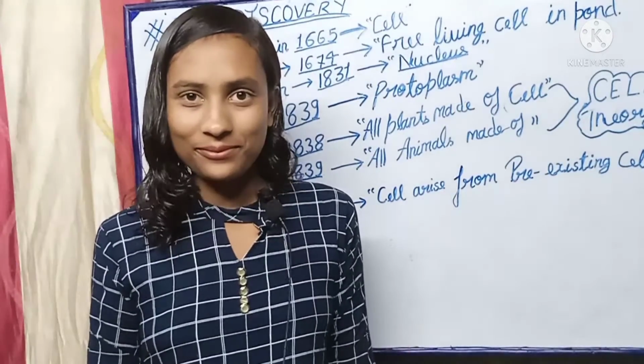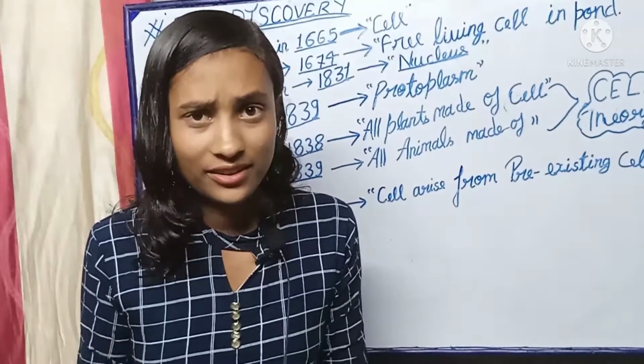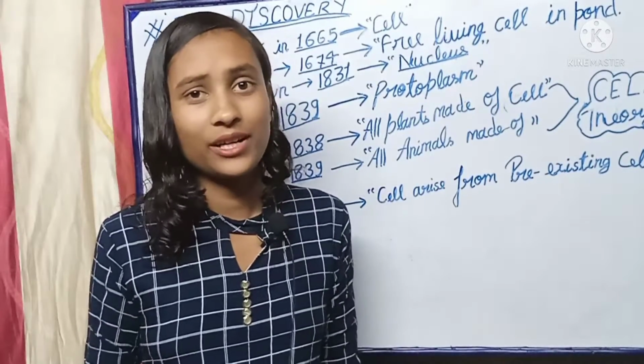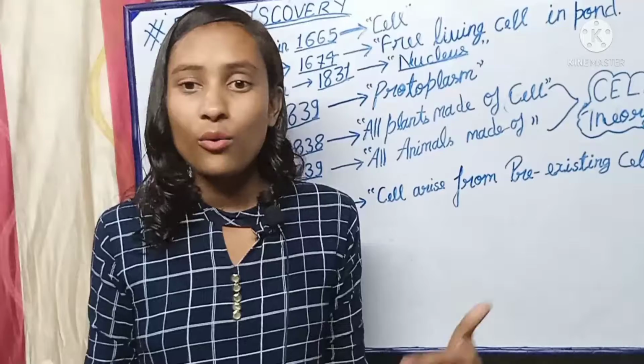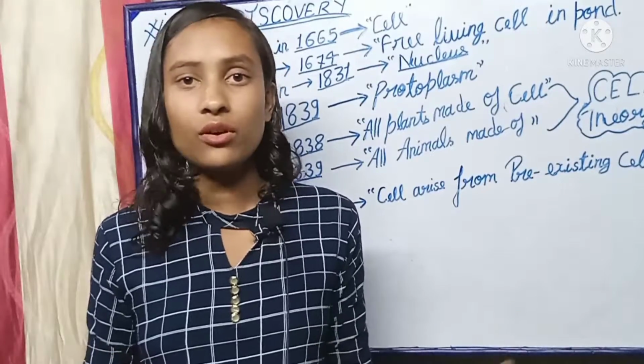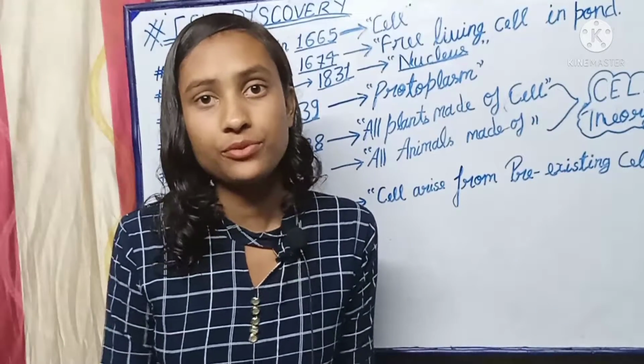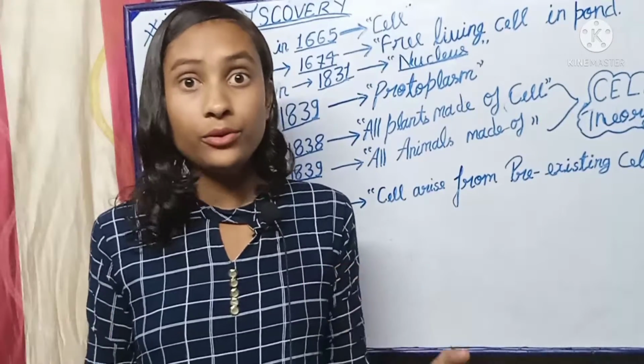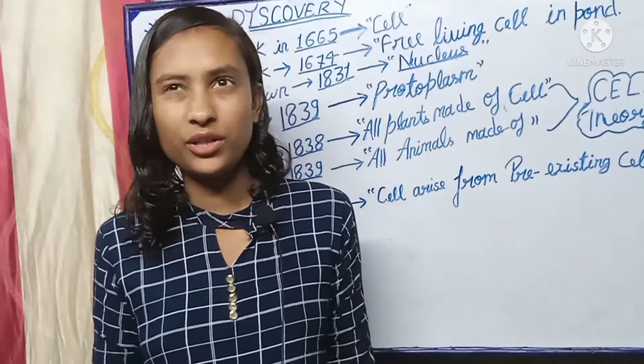So let's begin. But before starting this video, I would like to ask you a question: what's similar, what's common in all living organisms which exist on this planet? Maybe you are confused how it is possible.